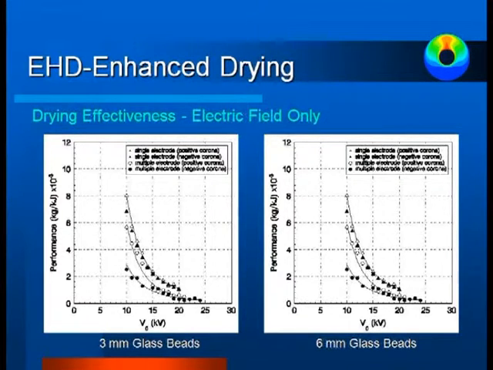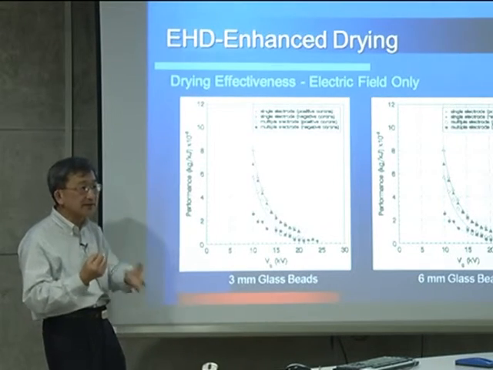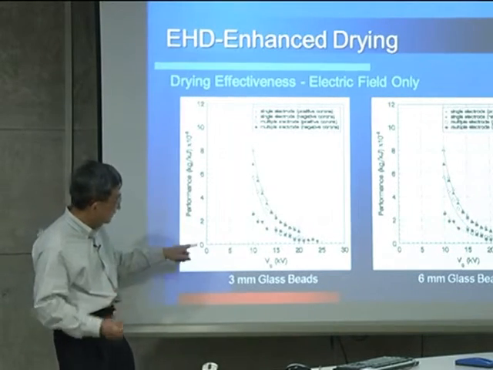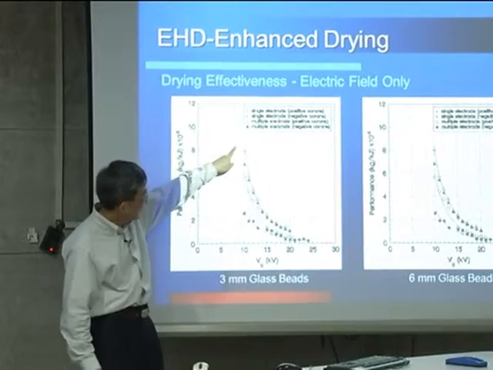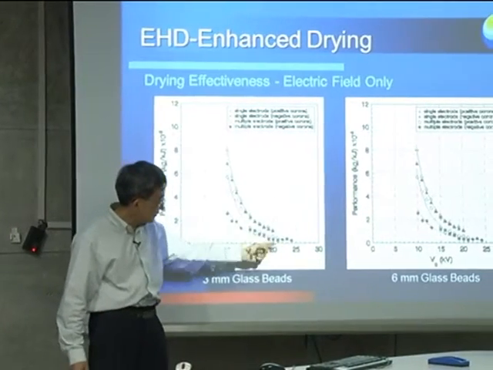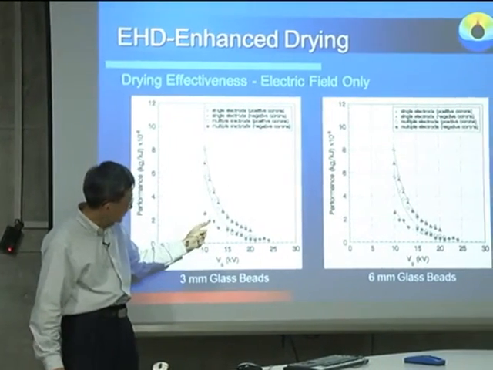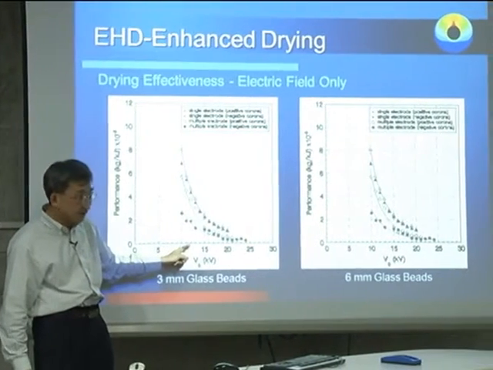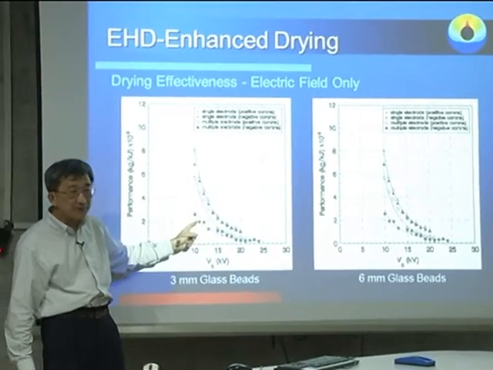Performance is defined as the energy put in, okay, so that means the mass of the moisture removed over the energy applied. So that means for a given unit of energy, how much moisture you can take out. So from here you can see that this performance decreases with applied voltage. So that means that at low voltage, it will become very effective.